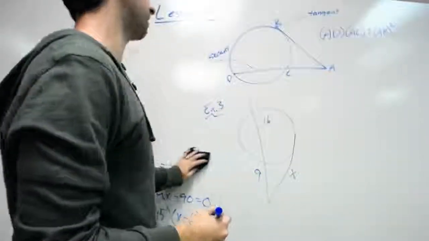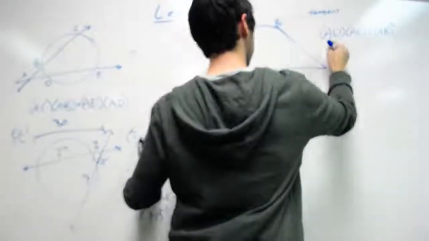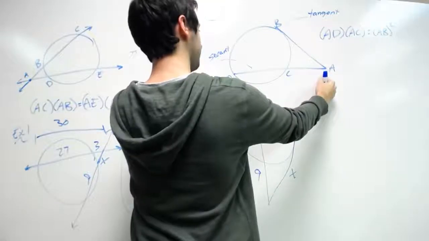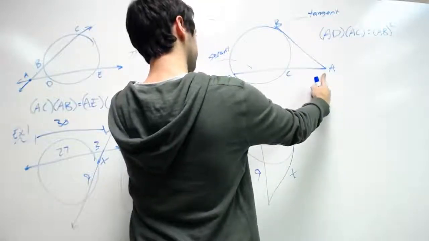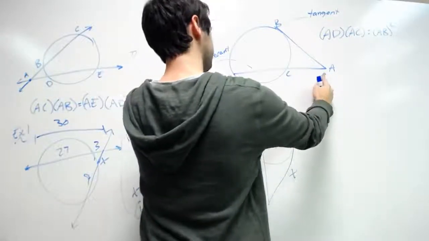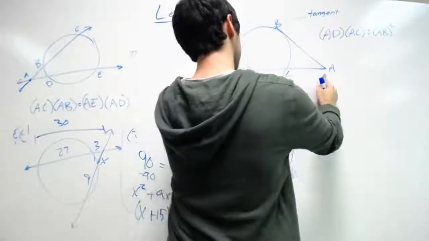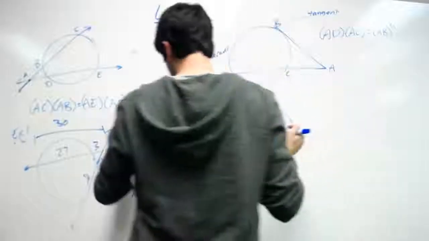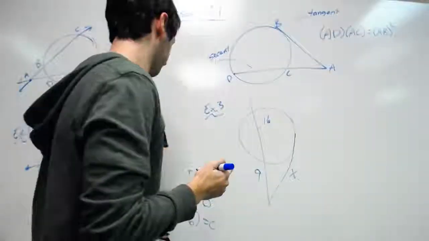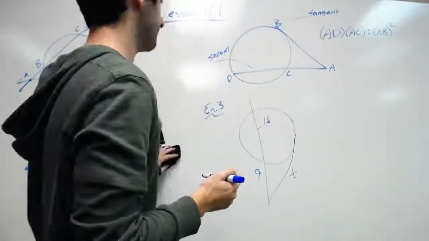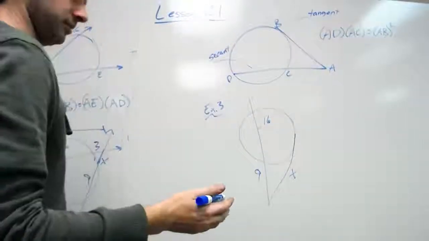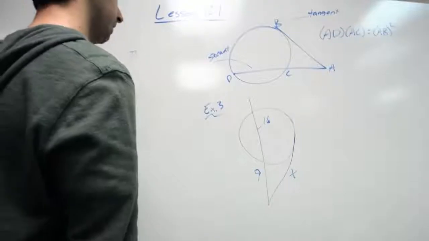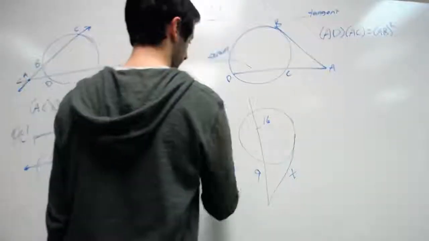What happens there is, once again, you take the whole secant, so AD, times AC, and what that would equal for the tangent would be AB squared. This is your formula. So you square your tangent, because it's not split into two segments that you can multiply.